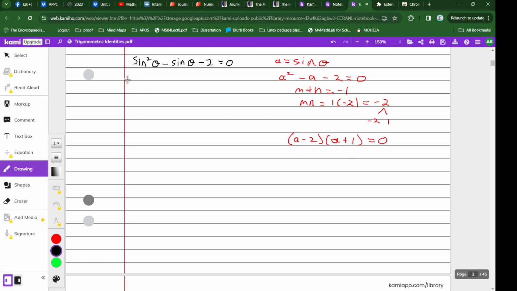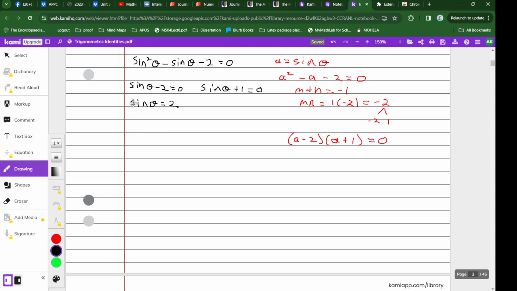Since we have this, that tells me that sine theta minus 2 equals 0, or sine theta plus 1 equals 0. Now, I'm going to work with the sine theta minus 2 first. So if that's true, that tells me that the sine of theta equals 2.